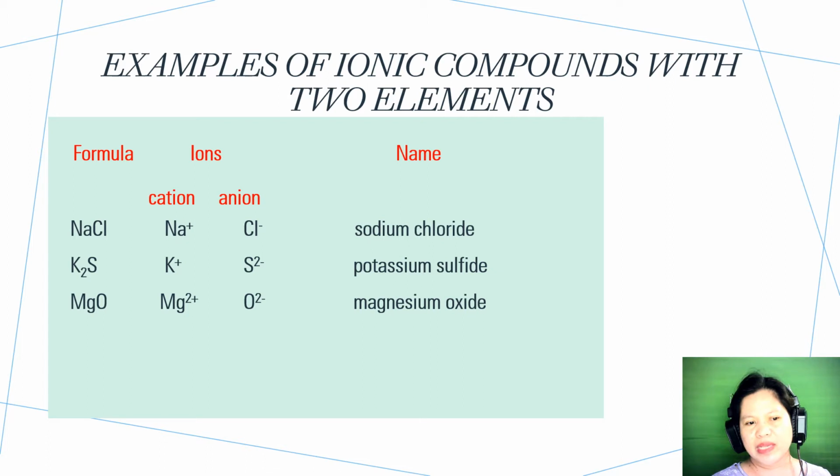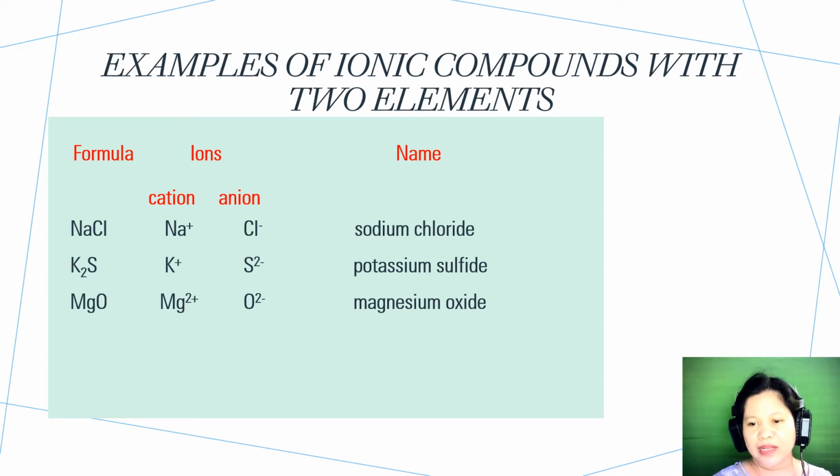Now you might be asking, why is it that the formula does not bear the charge? Remember, it has 2 charge. Here, you look for the least common factor. Do they have a common factor? Yes, they have 2. So 2 divided by 2 is 1. 2 divided by 2 is 1.